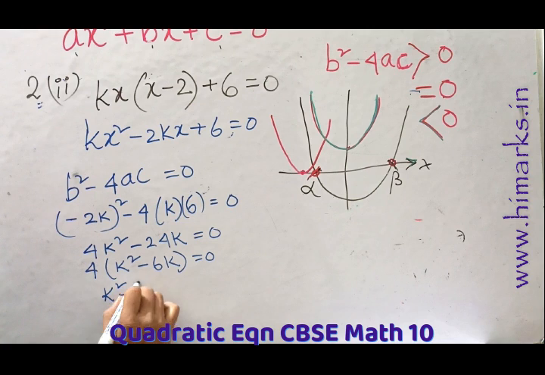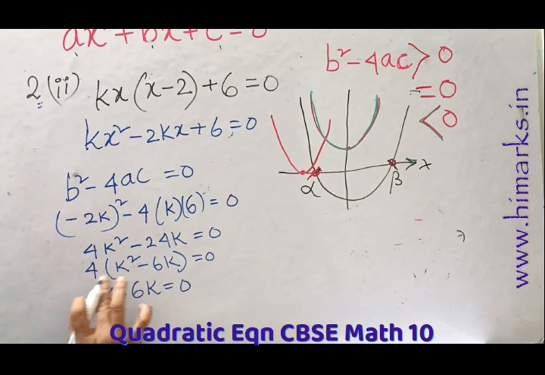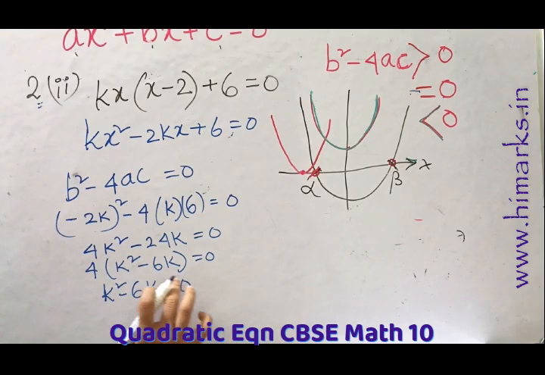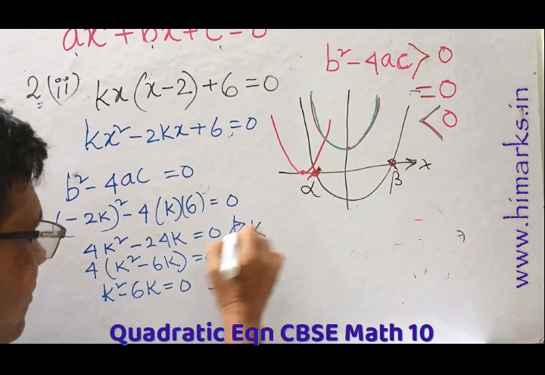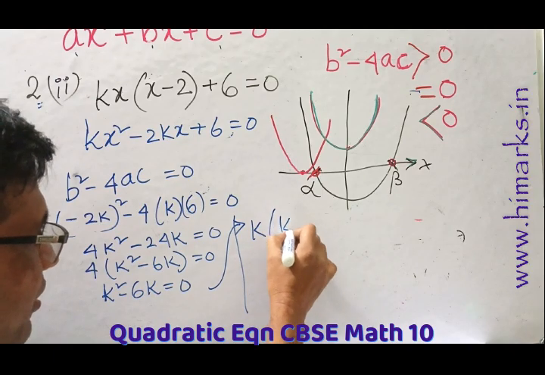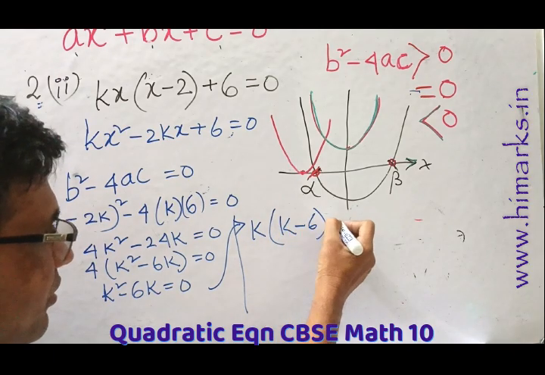k square minus 6k equal to 0. How did we get it? Divide 4 on both sides. Now k square minus 6k, write it in a bigger format. Take k common between these, so k into k minus 6 equal to 0.